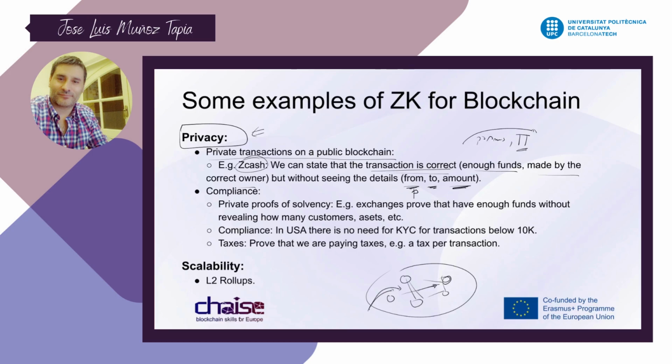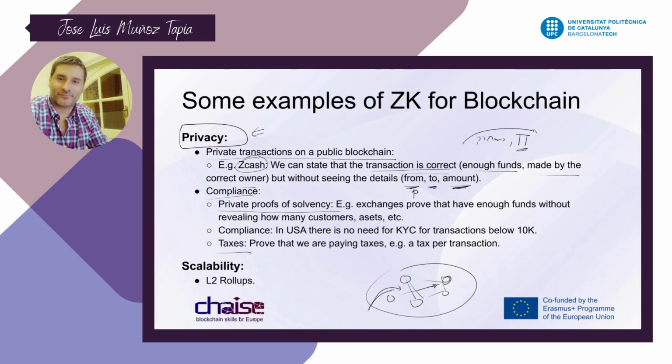For example, other uses are compliance. You can create proofs of solvency. I can prove to you that I have enough funds, but without revealing to whom these funds belong. Or taxes, for example. I think this is going to be one of the main things that we need to build for blockchain: a way of paying taxes.